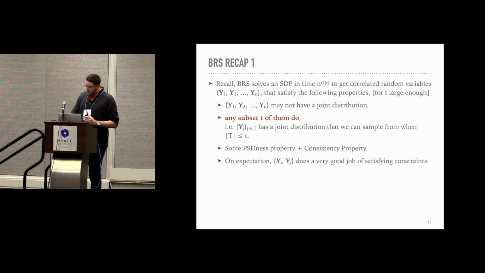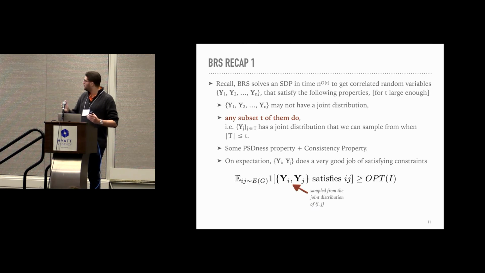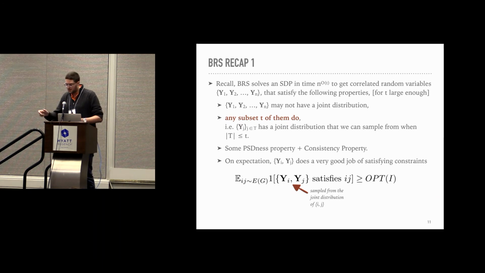And further, I want that if I sample from the joint distribution of y_i, y_j for an edge ij, this does a very good job of satisfying the constraints. Let me just write it explicitly. If you take an expectation over ij, and sample some assignment to the edge y_ij, you're going to satisfy more than the optimal fraction of the constraints.